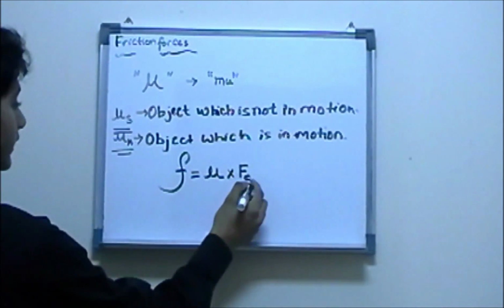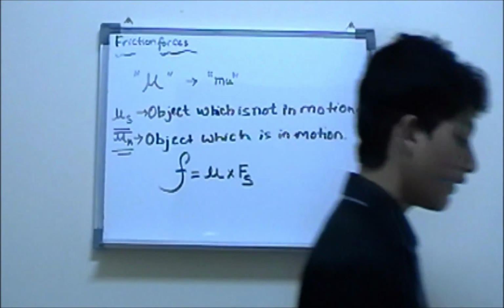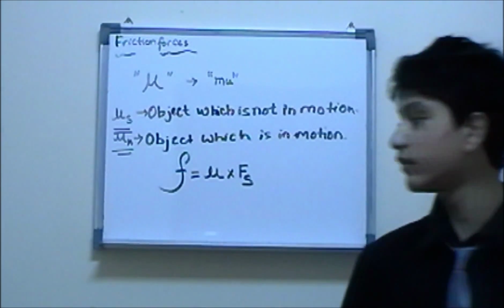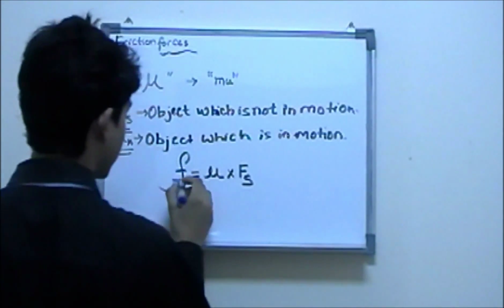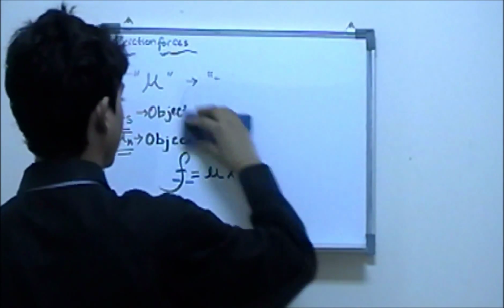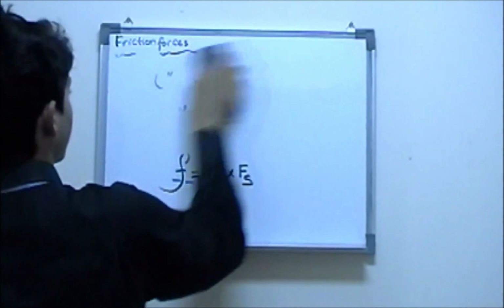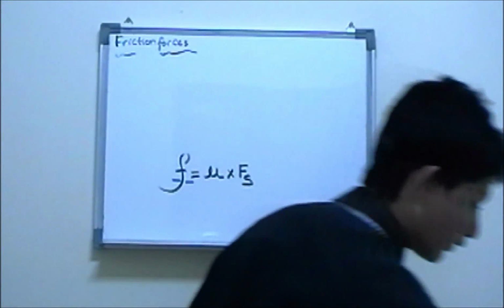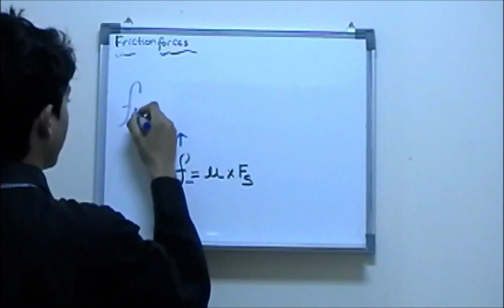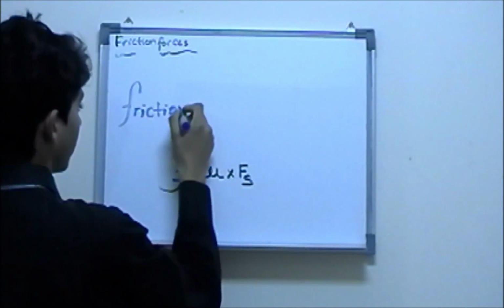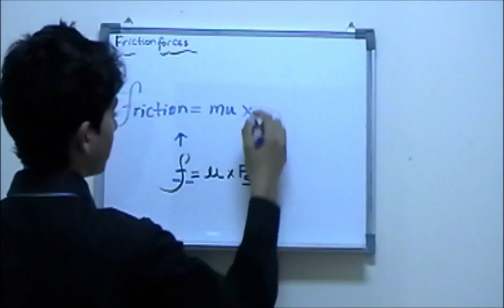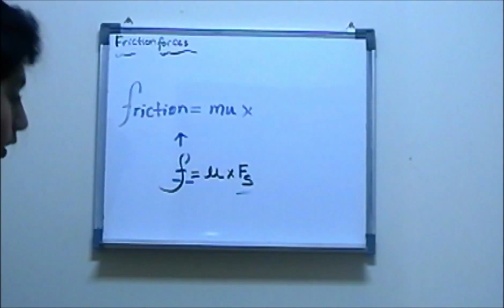Now what is Fs? Here I'm going to define everything for you. F over here stands for friction, is equal to mu times Fs.